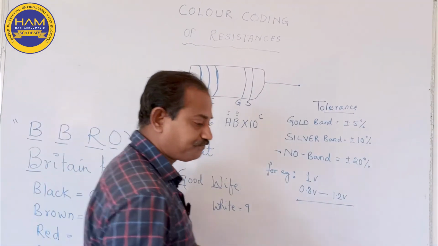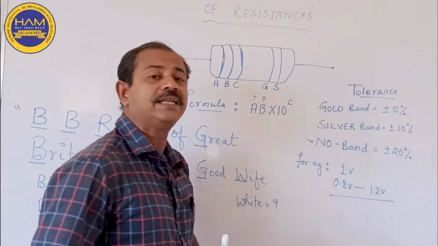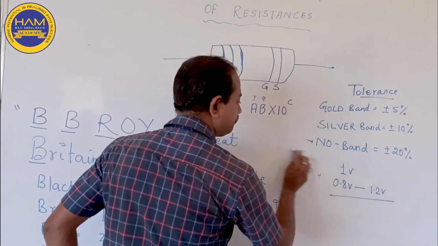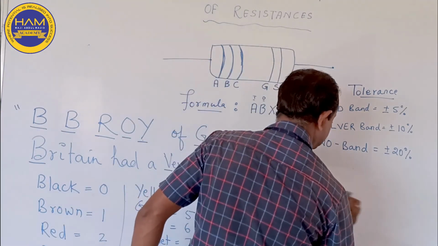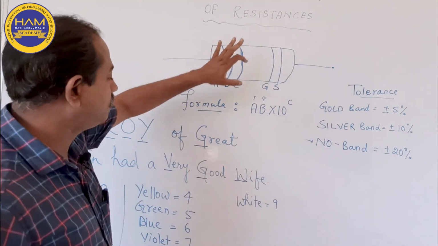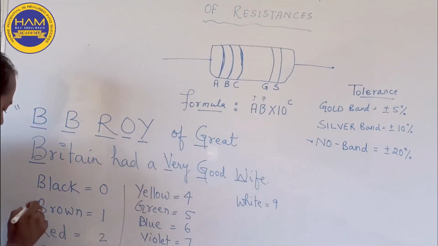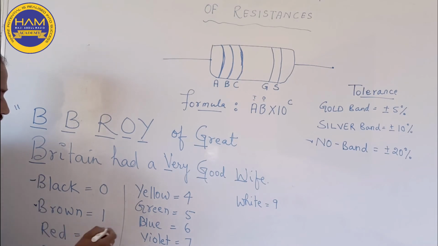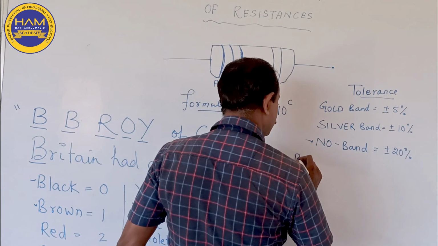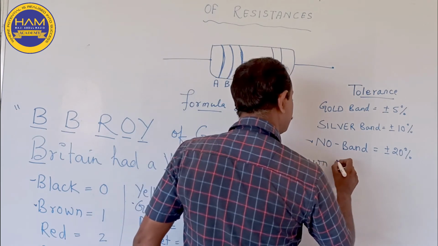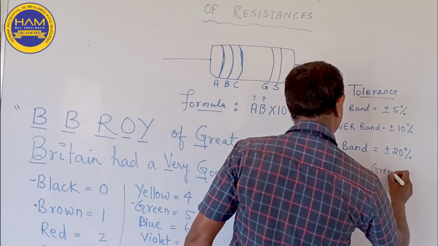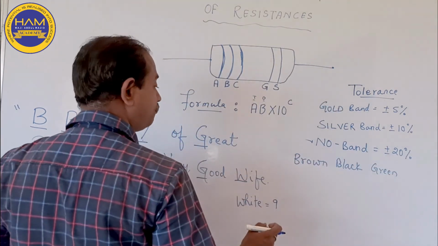Now, for example, if we want to calculate a resistance, how are we going to do it? Okay, now we will see. For example, we have the first, second and third colors as brown, black and green. Now how does it work with the formula?